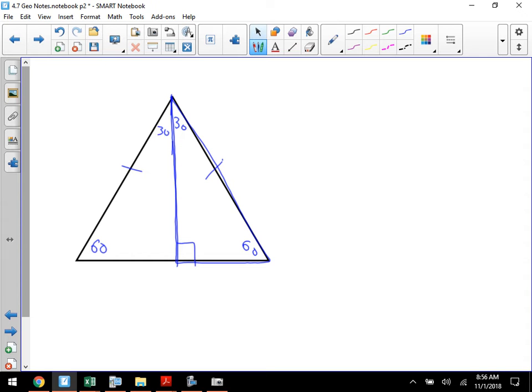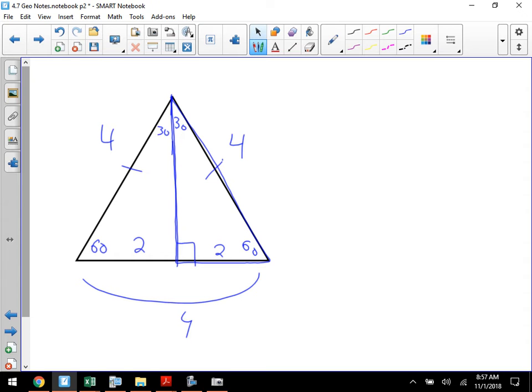Now, what if I say my side lengths are 4? You guys okay with that? These would have to be 2s, because when you are perpendicular in an equilateral triangle and you bisect this, you actually bisect that as well. Now, what theorem in math allows you to find the missing leg in a right triangle? A squared plus B squared equals C squared.